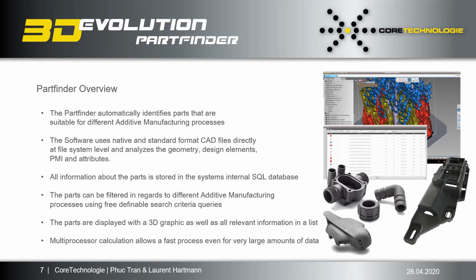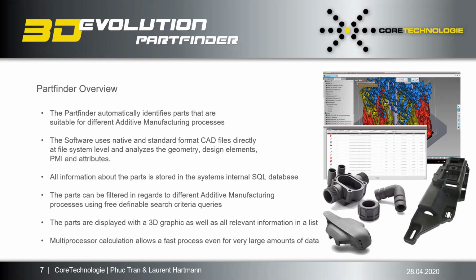I will do that live with you, based on an example, for example an HP Multi Jet Fusion printer, based on the bounding boxes and the printing volume, and then you will recognize how the software is working.